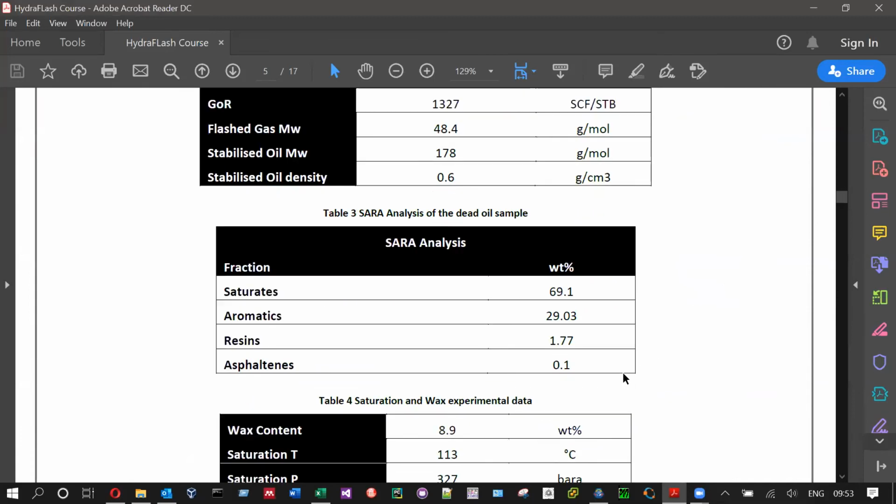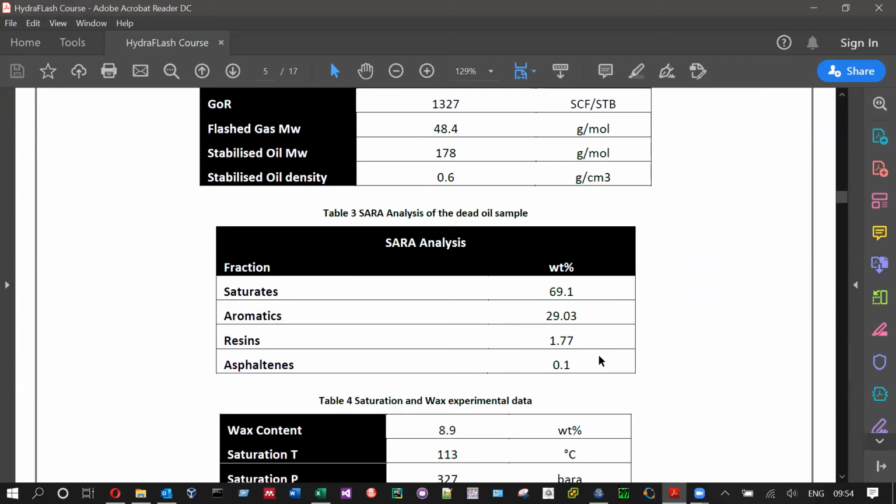Okay, SARA analysis. Some people look at the SARA analysis of the system and say, well, the asphaltene concentration in the oil is very low, so the possibility of asphaltene formation will be very low. But this is not the case.